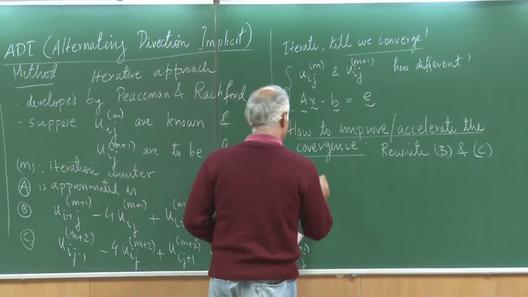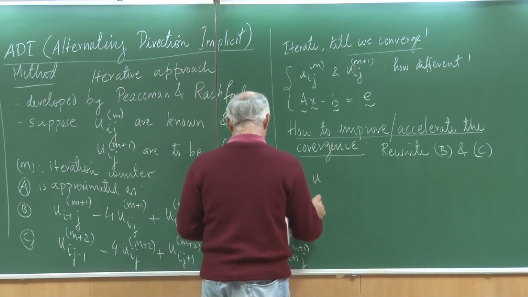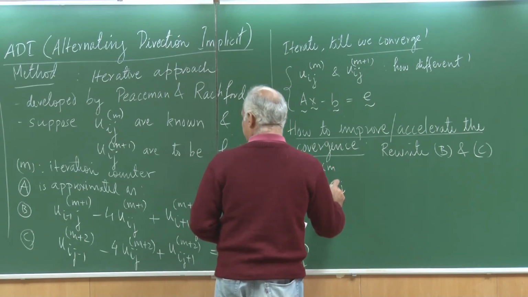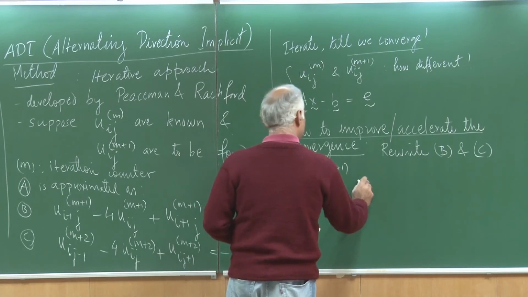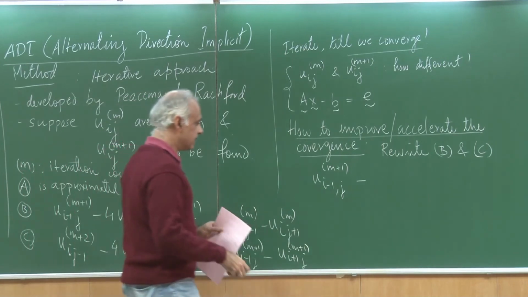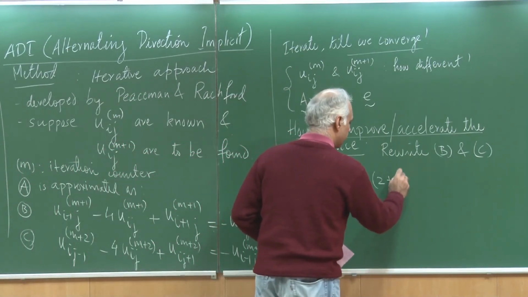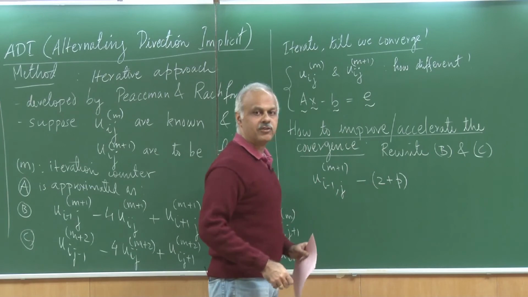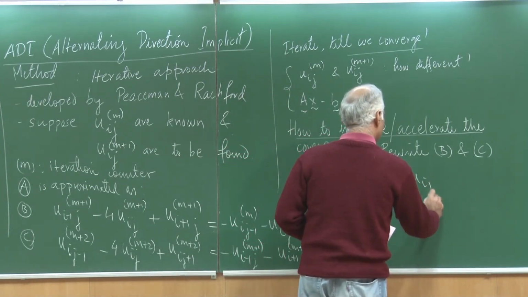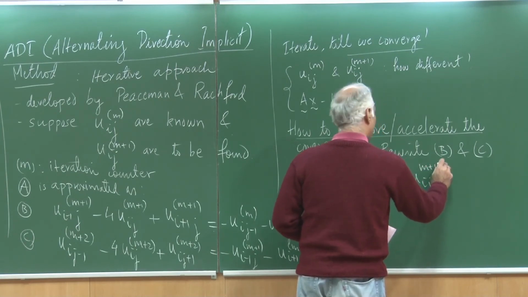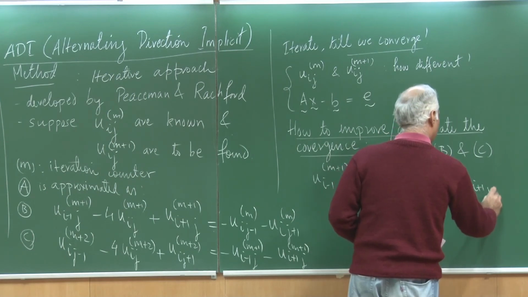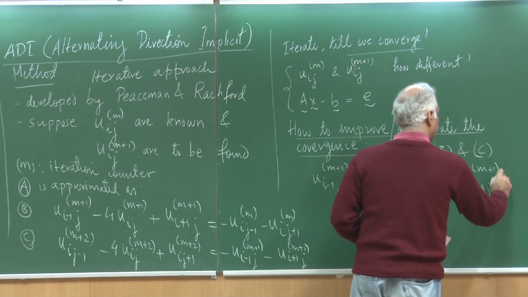So, let me do the following: u i minus 1, j at m plus 1. Now, there was a coefficient 4 here, and instead what I will do is I will write this as 2 plus p, and I will give a number for p a little later. So, this times u i j at m plus 1, plus u i plus 1, j at m plus 1.